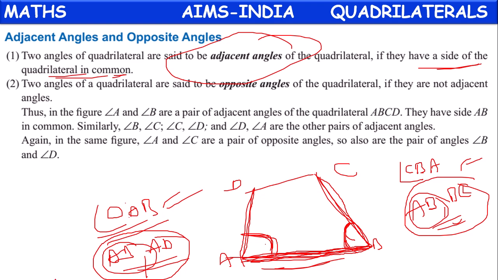Whereas if you take angle CBA, and if you take this other angle, this angle is formed because of CD and AD, and this angle is formed because of AB and BC. So these two angles don't have any side in common. So they are not adjacent angles. They are called opposite angles.